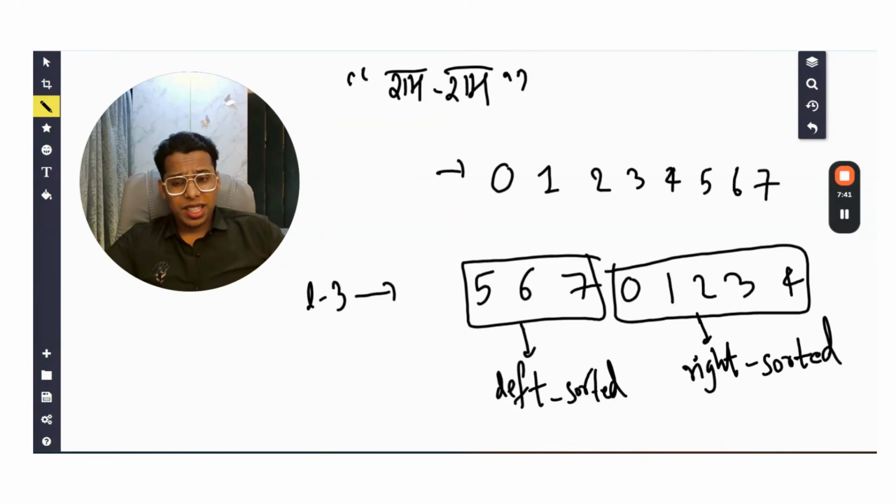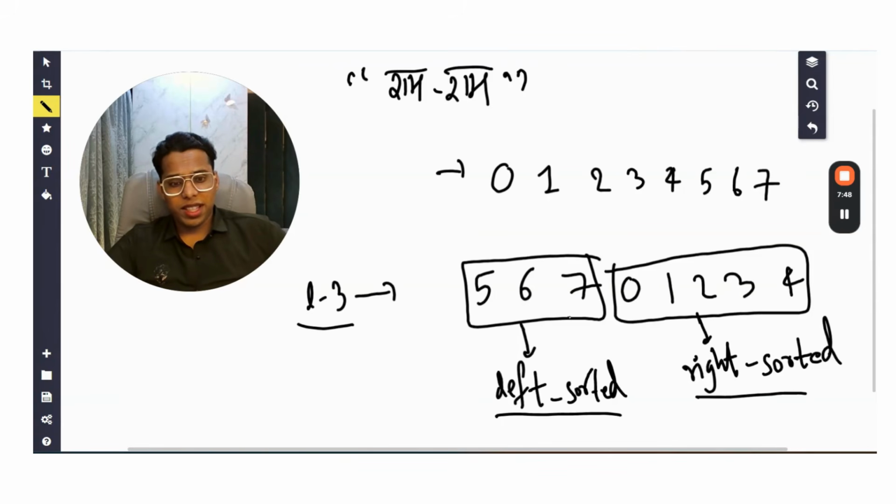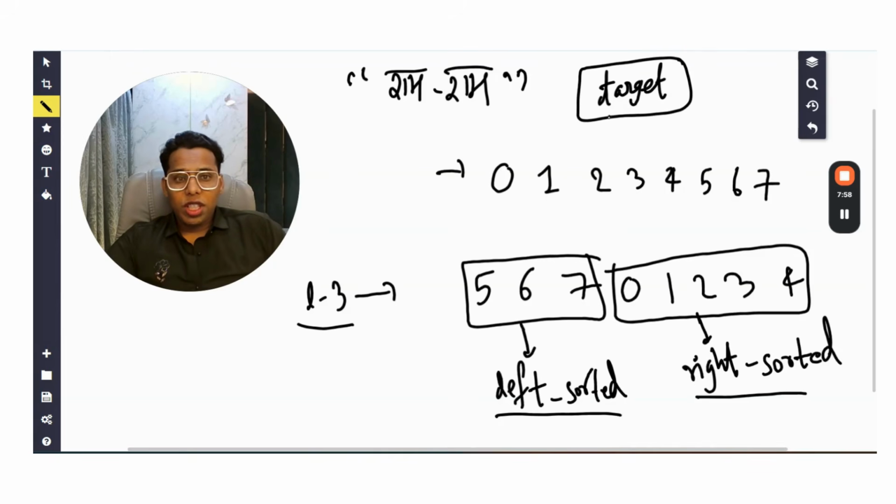A rotated array is nothing but an array created of two sorted arrays, left sorted part and right sorted part. So for left rotation, 3, 5, 6, 7 is in the left part, 0, 1, 2, 3, 4 is in the right part. So guys, if you know the target value, then you just need to check whether the target value is coming under the left part or the right part.